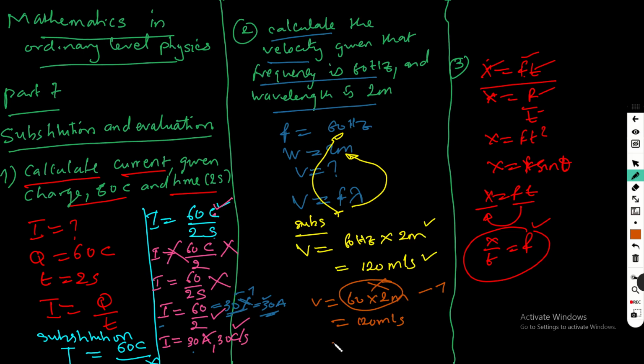If you write V is equal to 60 times 20 and your answer is 120, they'll remove your mark too, because you have not put the unit. So that's how you do substitution in physics. Please take note of that.